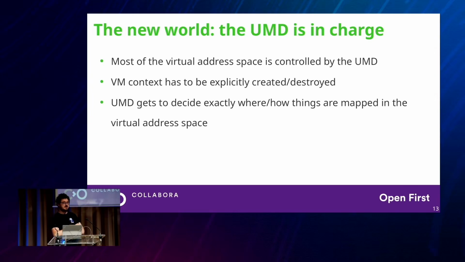So we clearly need a change of model there, and the new model is actually delegating everything to do with address space management to user space. So the user space has to create a VM context explicitly, and it's then responsible for assigning virtual addresses to buffer objects.